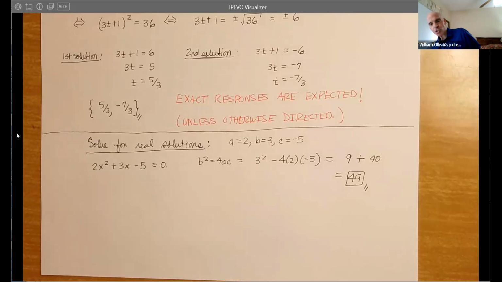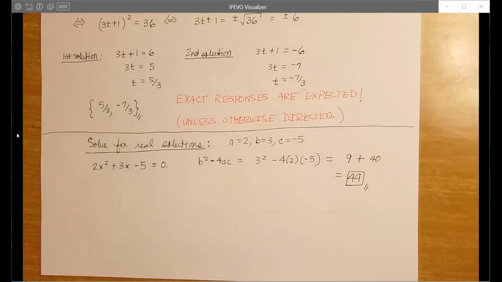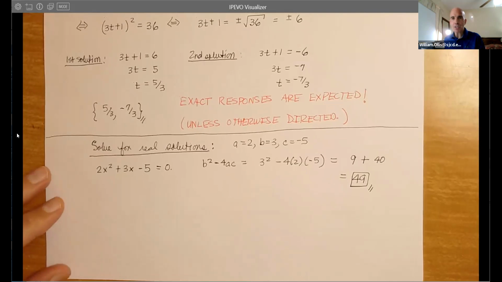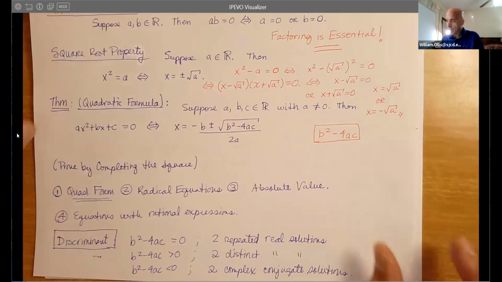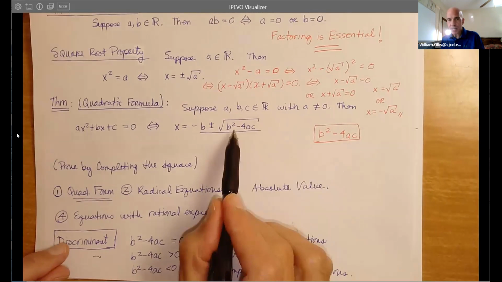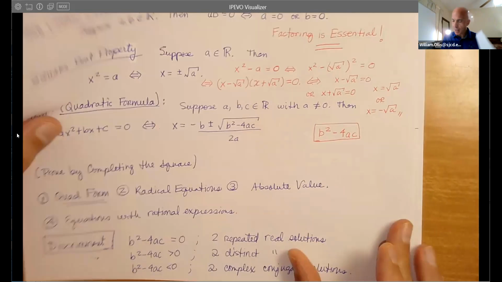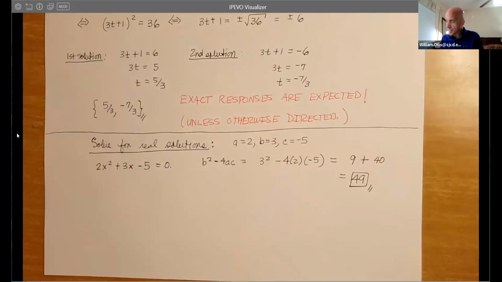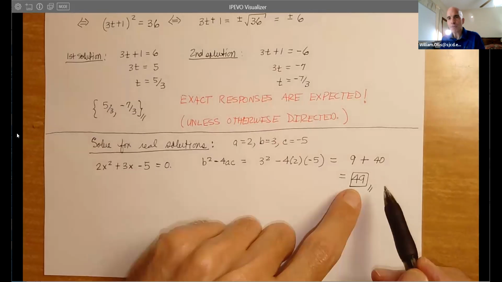Well, if you're a little bit shy, if I go back to my formulas here, I computed the discriminant. I didn't even use Professor Ron's lemma, but look here. B squared minus 4ac is the argument of the radical. And now we see, oh, that's a perfect square.